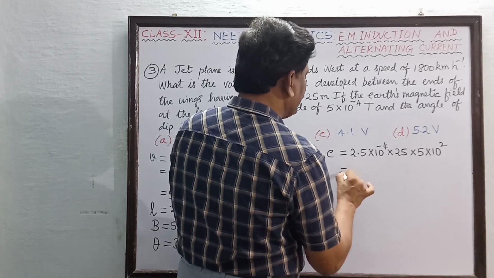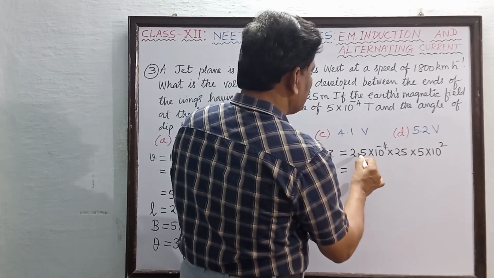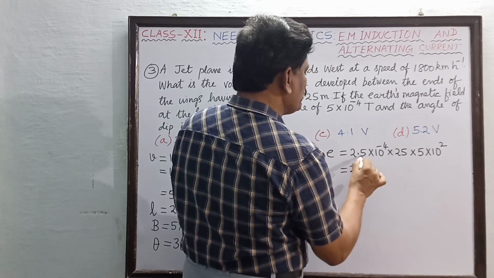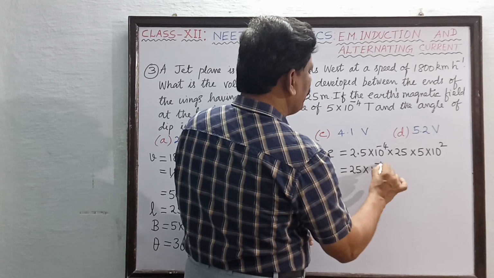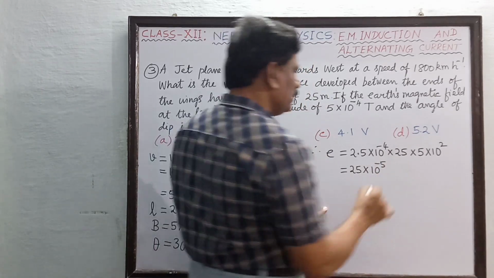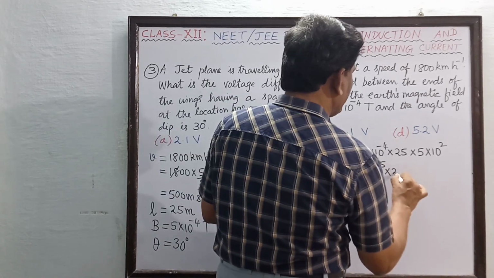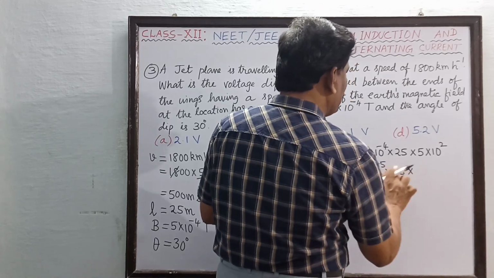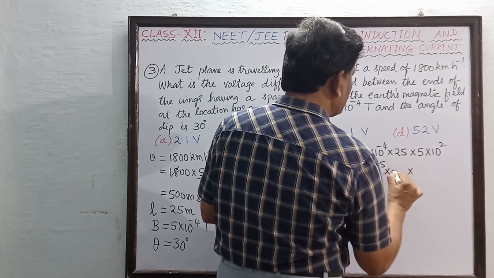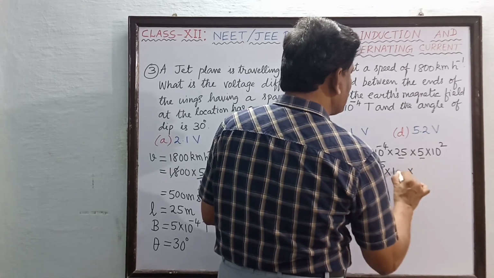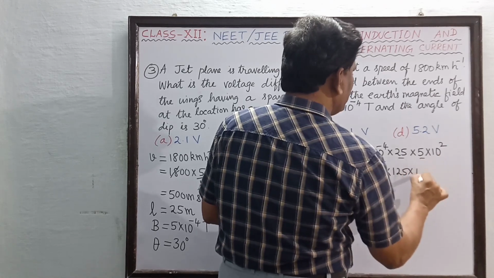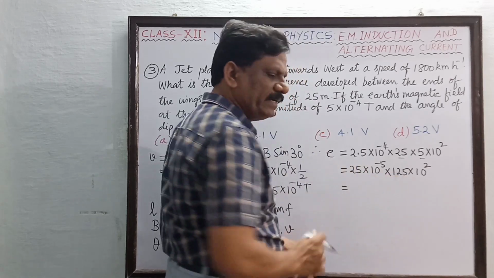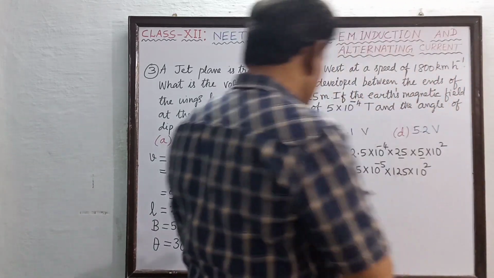I can multiply by easy methods. 2.5 is written as 25 into 10 to the power of minus 5, into again 25 into 5. 25 into 5 can be written as 125 into 10 power 2. So this is equal to 125 into 25, which I am going to multiply.